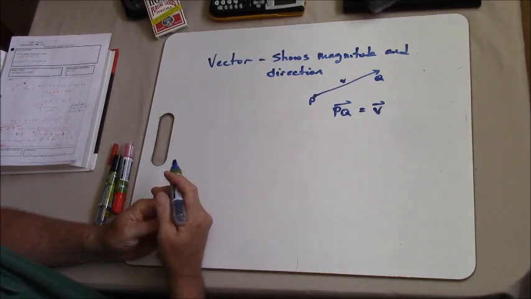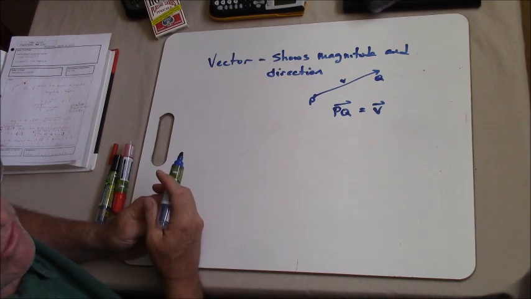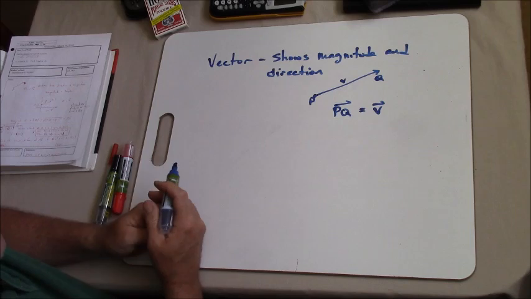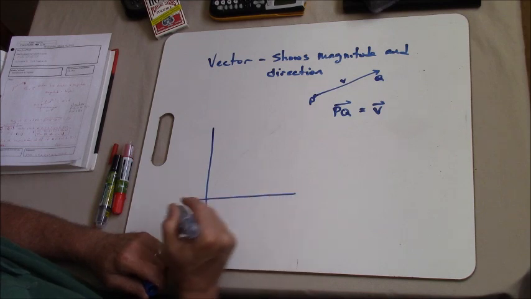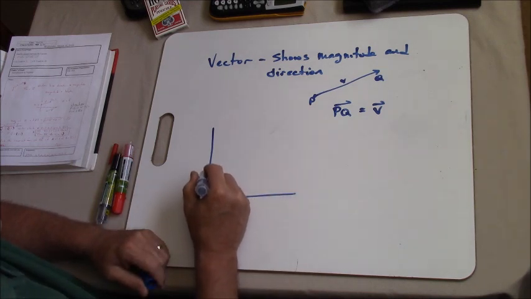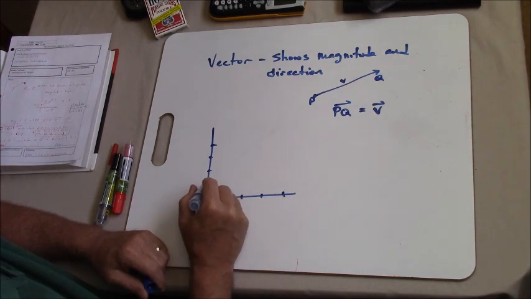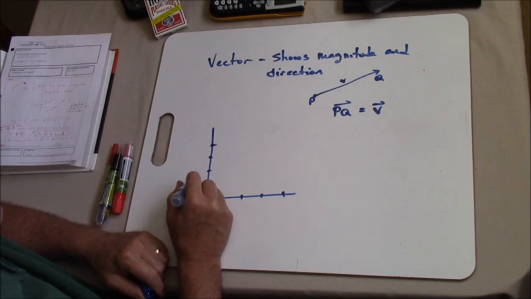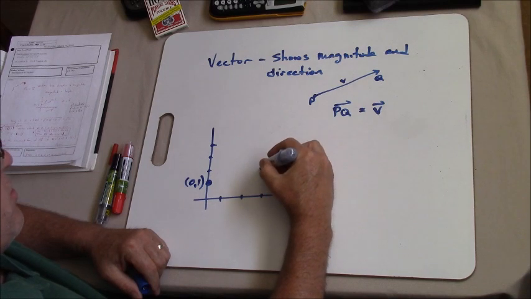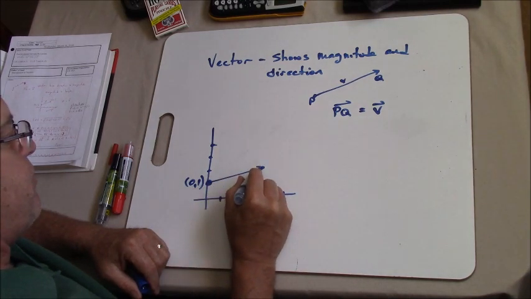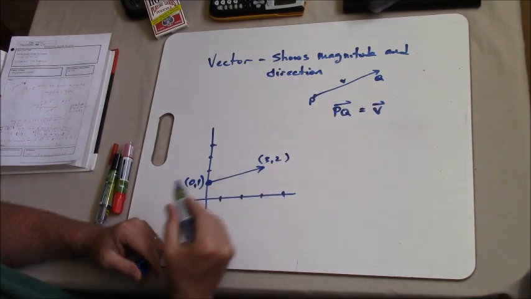Magnitude could also be just the length of a segment. If we made it as simple as 2 points on a coordinate system, the magnitude would be the length of that vector. So for example, if I had a coordinate system like this, and let's say I had a vector that starts right here at (0, 1), and let's say it goes through the point (3, 2), which would be right about here, and we wanted to find the magnitude of that vector.